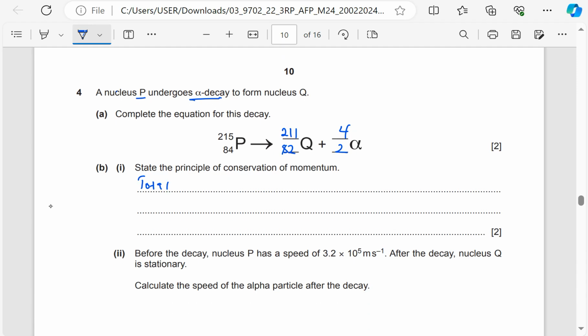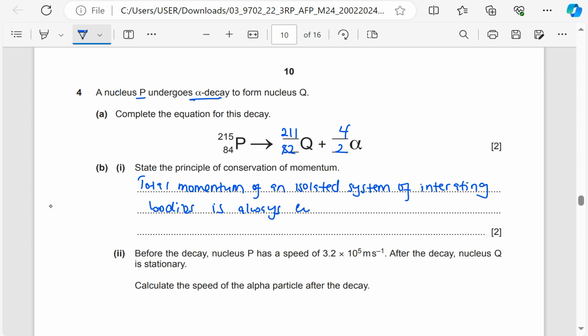Total momentum of an isolated system of interacting bodies is always constant. Avoid stating this principle by saying is conserved, not at all.